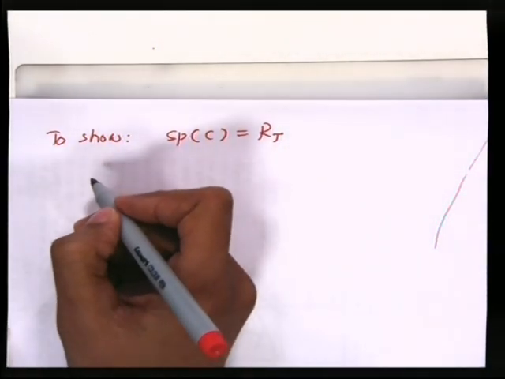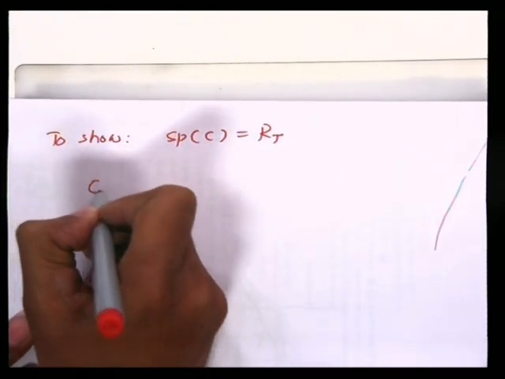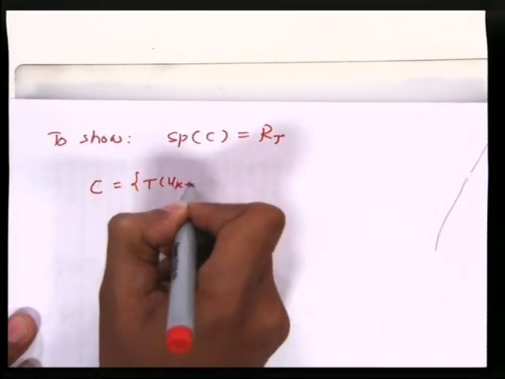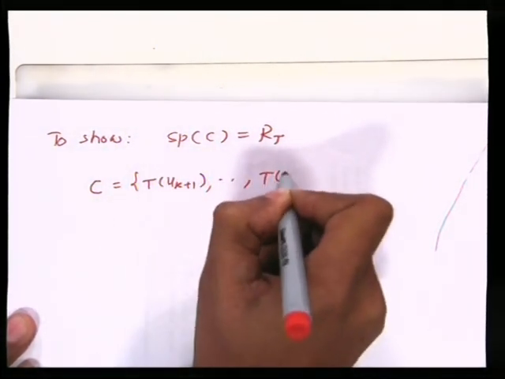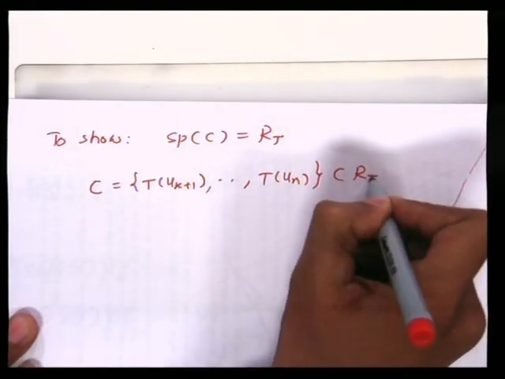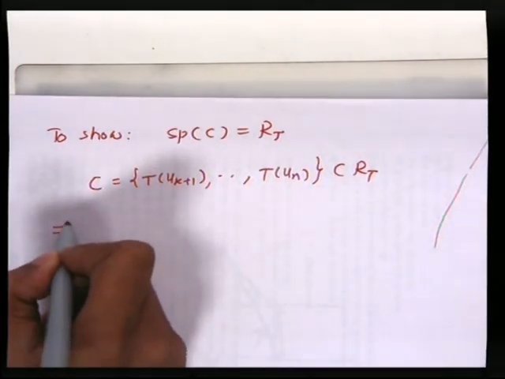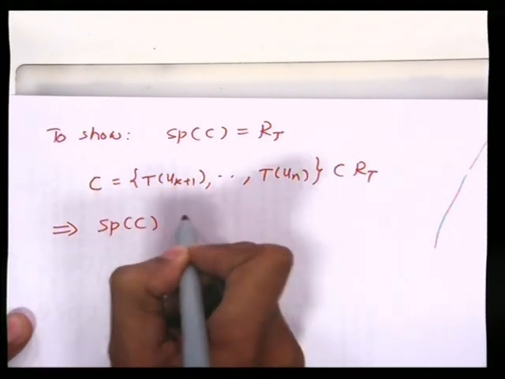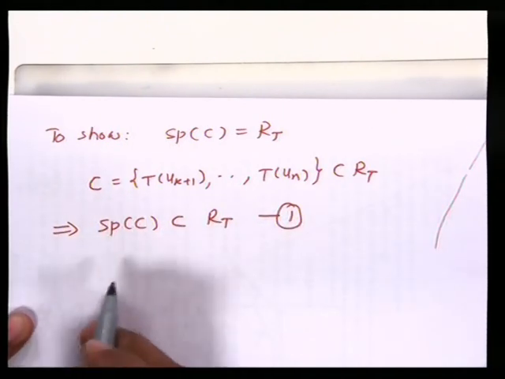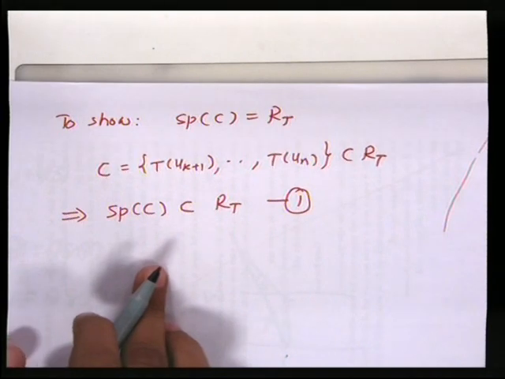Here the set C, equal to T of uk plus 1 up to T of un, is a subset of R(T). Subset of R(T) implies span of C is a subset of R(T). Say this is result number 1.